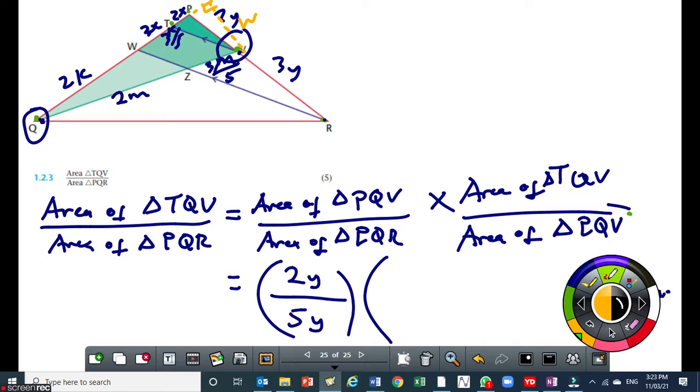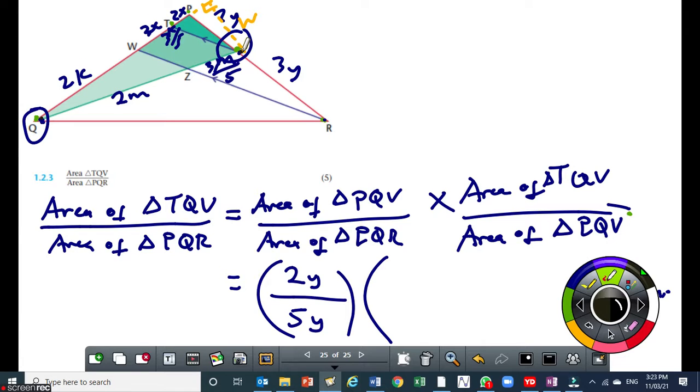Okay? Then, once I have that, the base of those two triangles, for TQV, its base will be what? I expect you to look here, because the diagram is not on TQ. It will be TQ. Thank you.